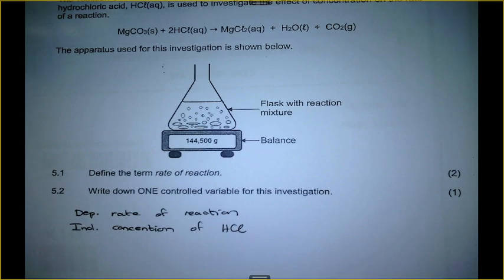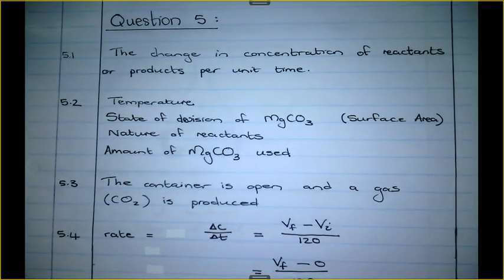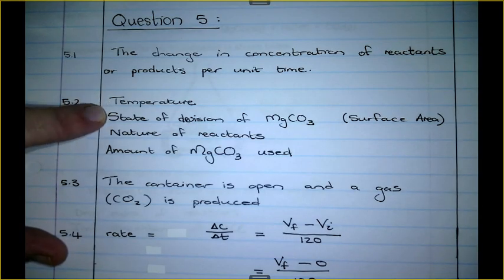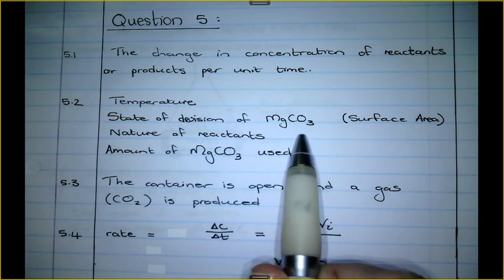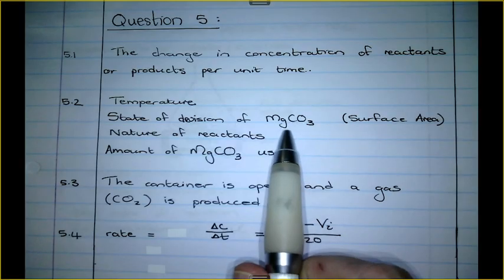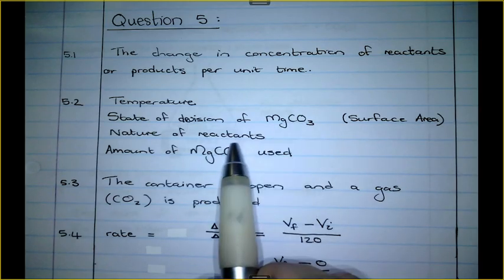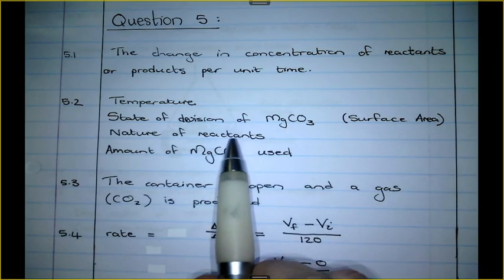That means that everything else that could affect rates of reaction is kept constant. There are many, you only have to write down one. I wrote down all of them. Okay, so you could keep the temperature constant. They are saying that the magnesium carbonate pellets, so the surface area, it is solid magnesium carbonate and hydrochloric acid solution, so the nature of the reactants are staying the same.